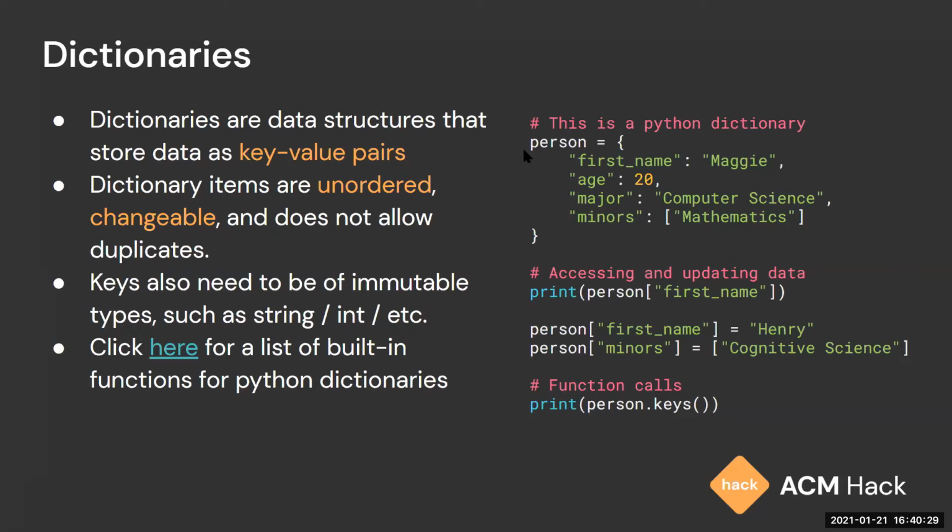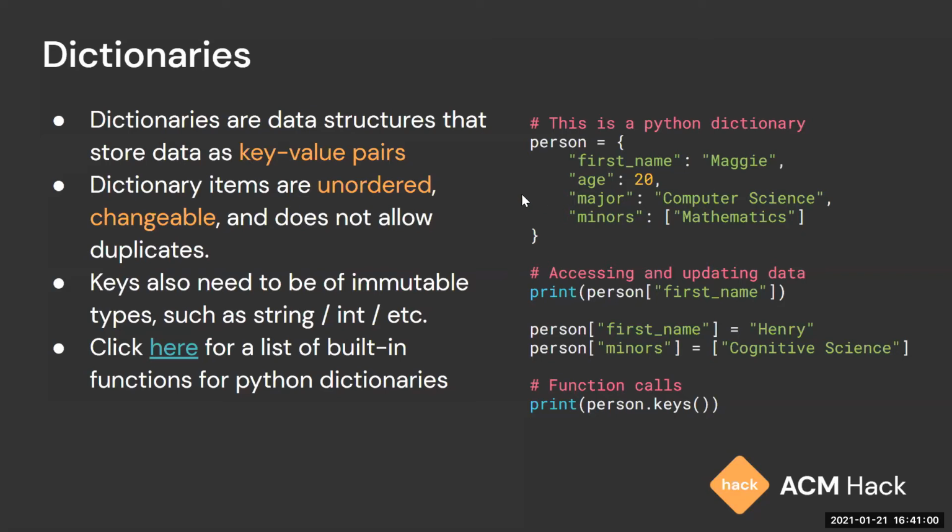So for example, we have this dictionary called person over here, and each entry is a key value pair, so its syntax is key colon value. So this over here has a key of first name and a value of Maggie, key of age, and value of 20, etc. So you can consider the keys as the names of the attributes, and the values as the values of the attributes, as the name suggests.